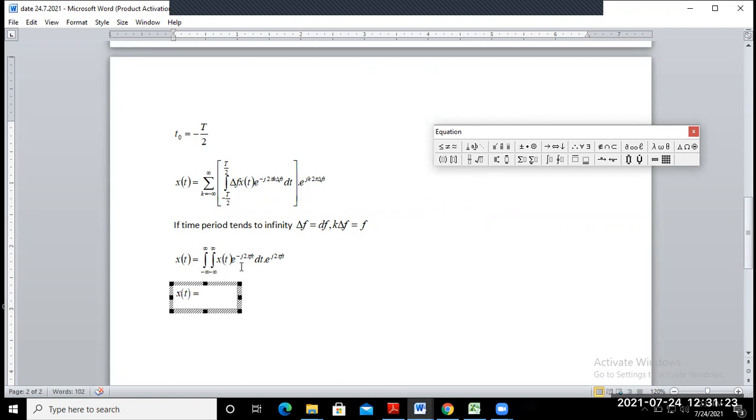This part, if you take it as the frequency domain, is X(omega), so x(t) equals the integration from minus infinity to infinity of X(omega) e^(j omega t) d omega.